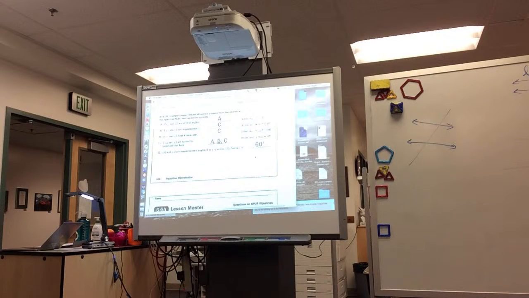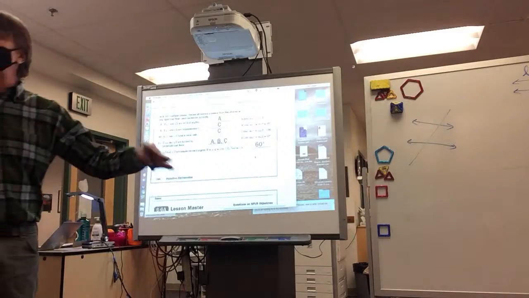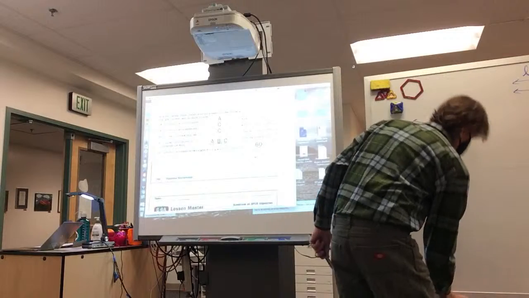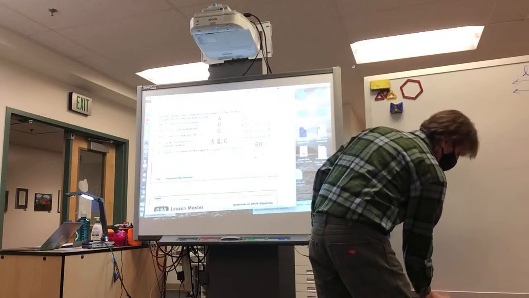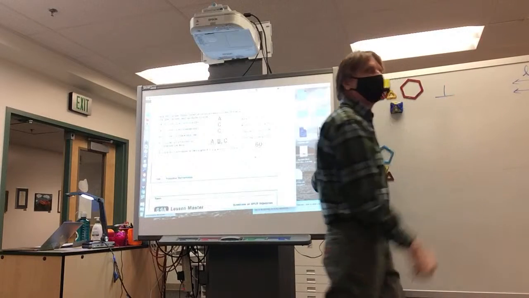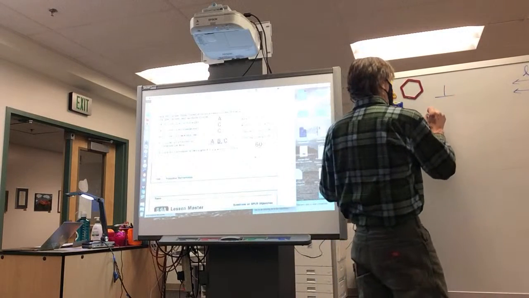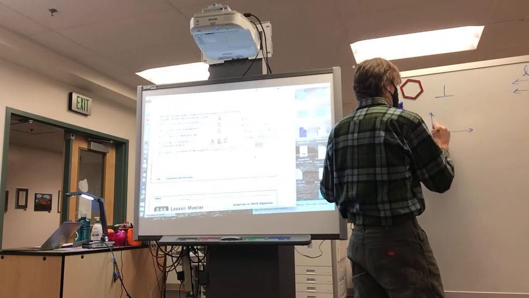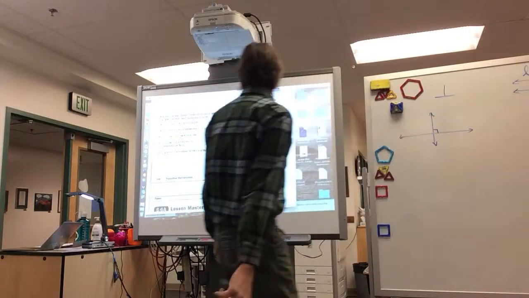Number 11, huh? Is it wrong? No. So it says, if angle 1 and 2 are formed by perpendicular lines. What does perpendicular mean? How many degrees? 90. So the symbol is something like this. And if these are perpendicular lines, they're a 90-degree angle.